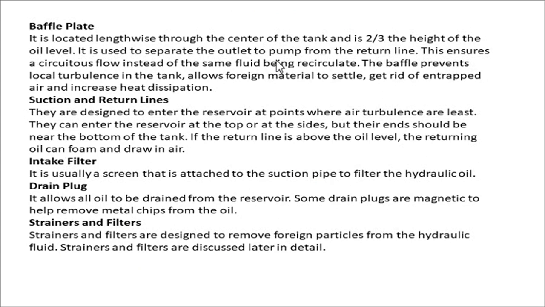So the baffle plate acts like an isolator in mixing two different types of fluid. There are suction and return line filters to take care of the impurities in the hydraulic fluid. It has a drain plug to drain the hydraulic fluid for maintenance purposes. It has strainers and filters to remove foreign particles.